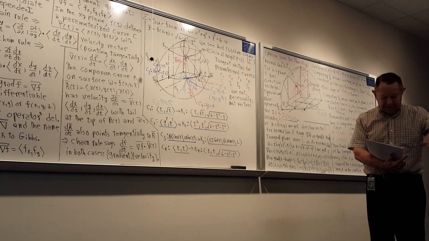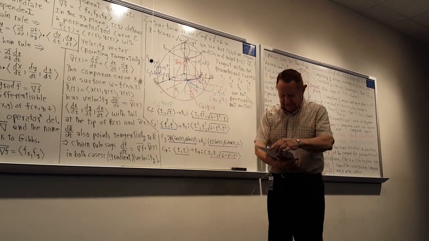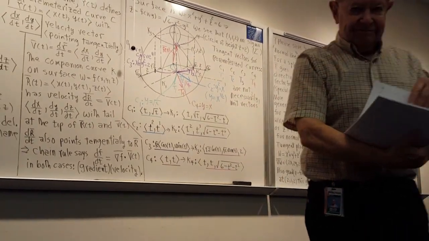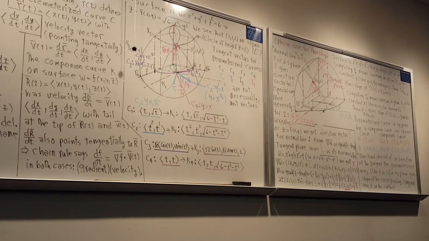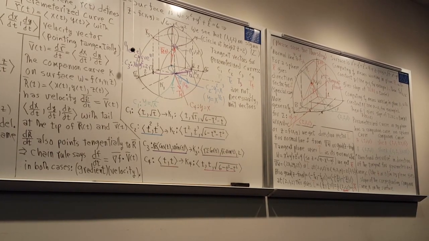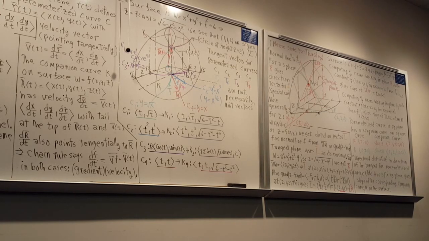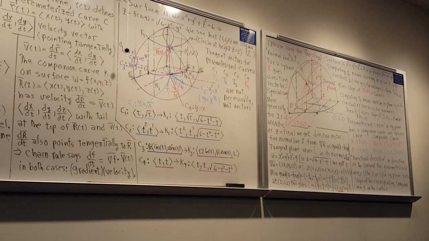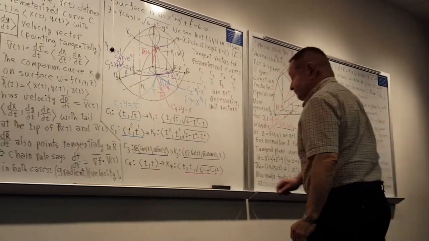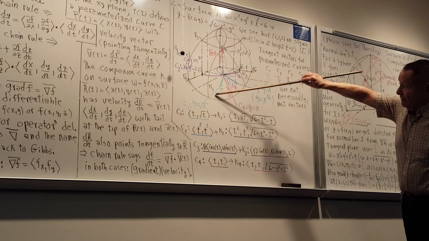In the long sheet of paper handout, you'll see a sketch that's related to this, but I also have one which is more colorful, which may be easier to follow here. So I have the curve C1 like this.